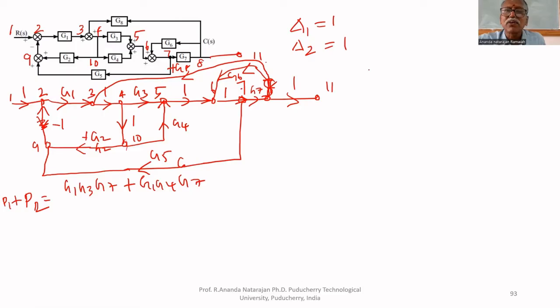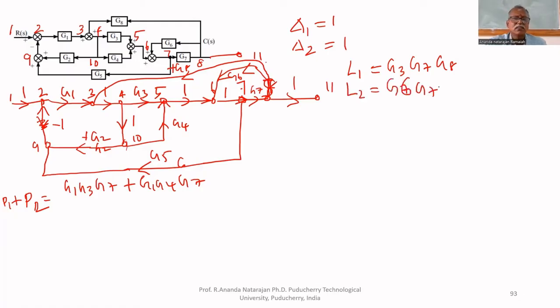To get the denominator, we have to find all loops. L1 equal to G3, G7, G8. Can I write? Positive.